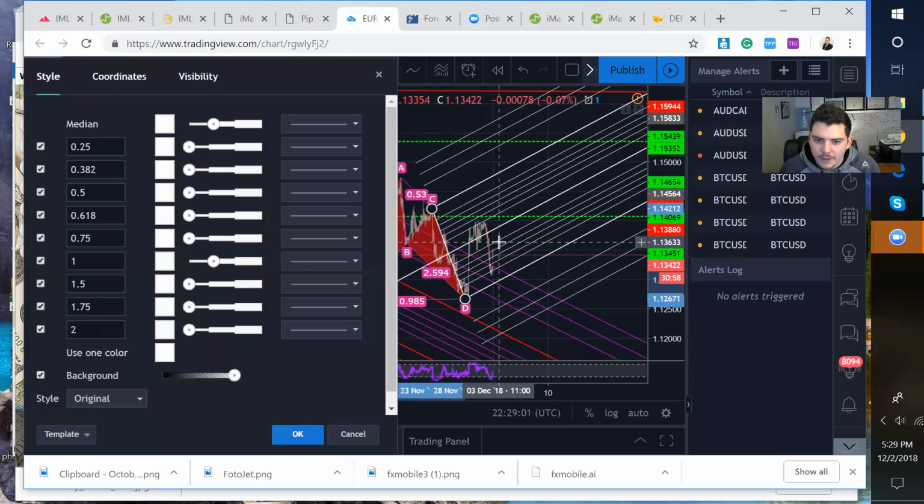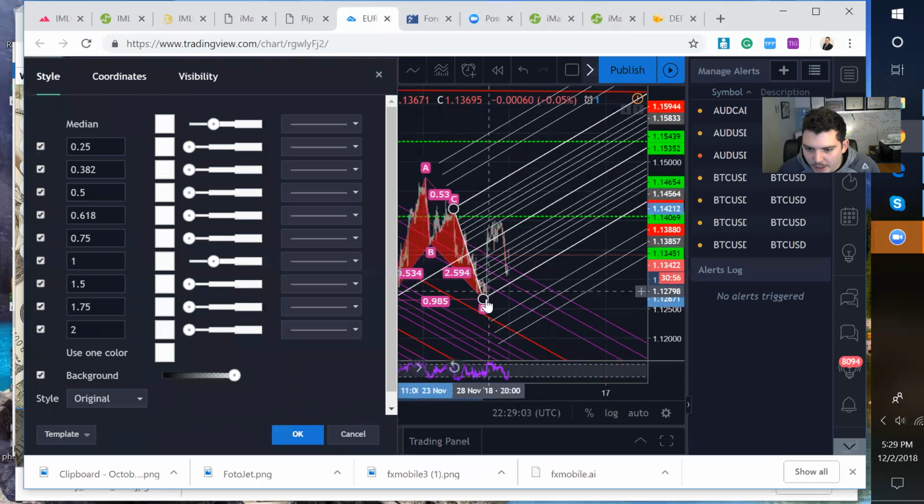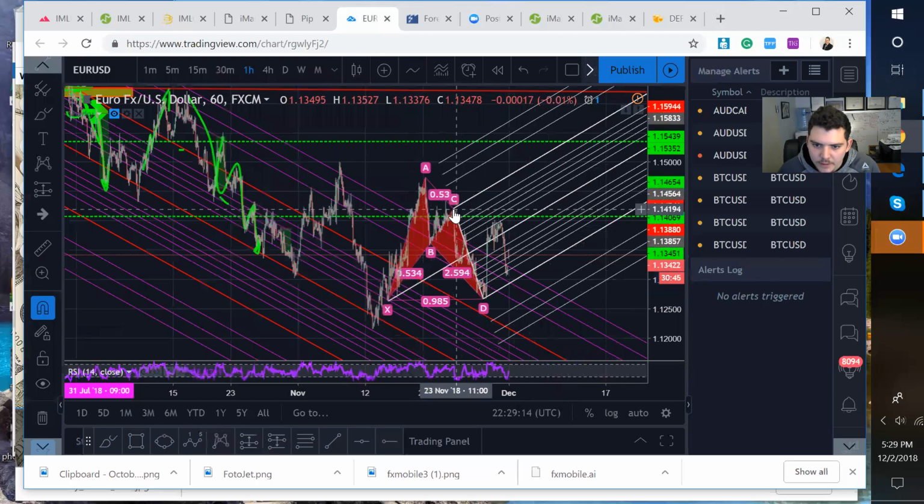Now, there's some major lines. This line is a major line. This middle line is a major line. And then this line that this dot is on, when you click on it, this is a major line. These are called external warning lines.